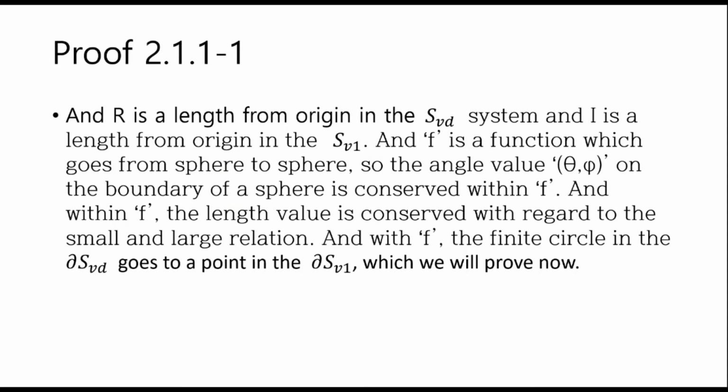And r is the length from the origin in the S3D system, and I is the length from the origin in the S31. And f is a function which goes from sphere to sphere, so the angle value theta phi on the boundary of a sphere is conserved within f, and within f, the length value is conserved with regard to the small and large relation, and with f, the finite circle in the DS3D goes to a point in the DS31, which we will prove now.